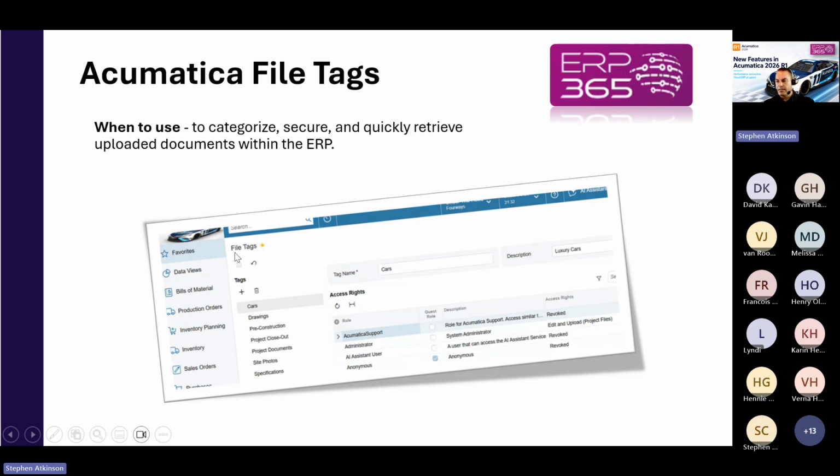So what Acumatica's started to do is they've now allowed tags against your file. So you can then add that tag to the file when you upload it, and you can do restrictions based on that tag category. As an example, you can see I added cars, and I've said that only anonymous people can view it. I did add administrator later because I couldn't see it eventually, but that is a way that you could then start to tag your files.